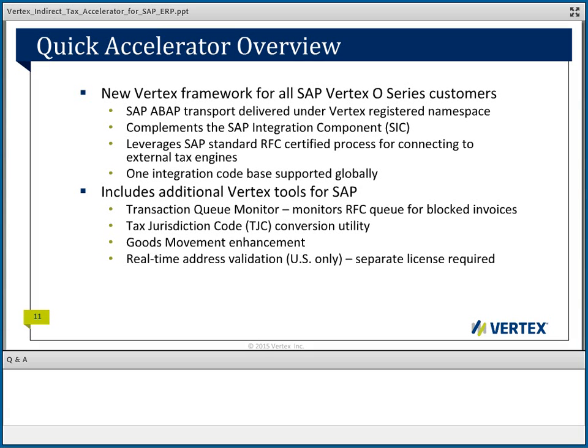And what we've done is taken all these enhancements and grouped them together in a package. You're going to see the user menu type structure that we have, where it's going to be very simple to get at all the configuration components that you're going to need for the accelerator.